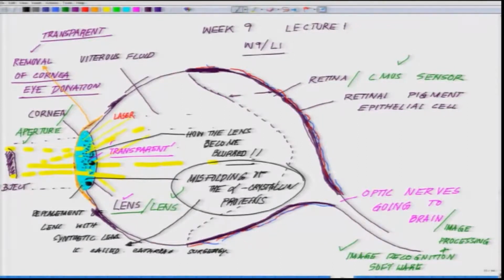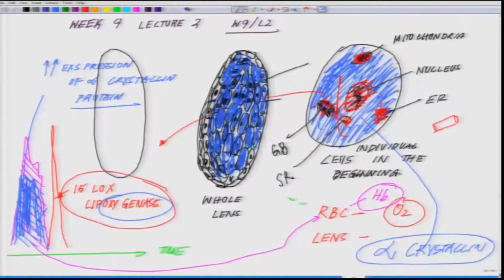it requires, there are two possibilities how you can get around it. One possibility is you shine certain lasers out here, you burn that part. So now let us look at the lens structure and then I will tell you.